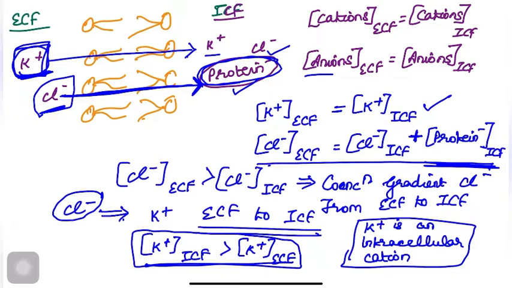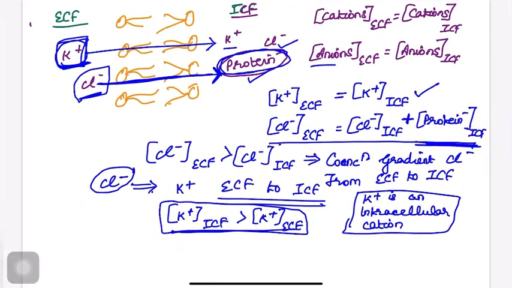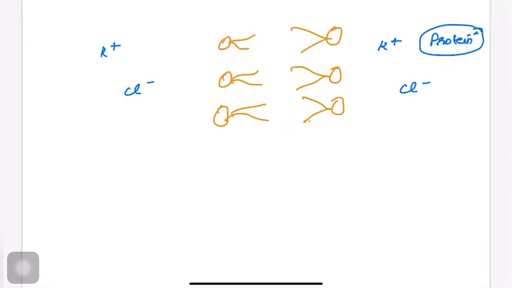This is the Gibbs Donnan effect. So from this example, we can say that the presence of non-diffusible ions, here the protein, will affect the distribution of diffusible ions, here potassium and chloride. Due to the presence of protein, chloride and potassium move from ECF to ICF.